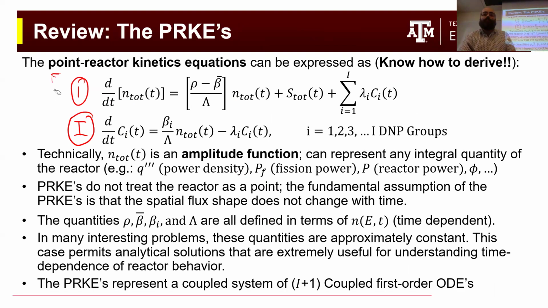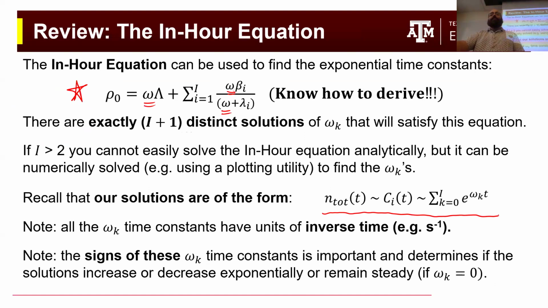So in total, these give us a system of I plus one equations. Each solution, n total and Ci of t, will be a sum of I plus one exponentials, and there are I plus one time constants that we can solve for using the n-hour equation.